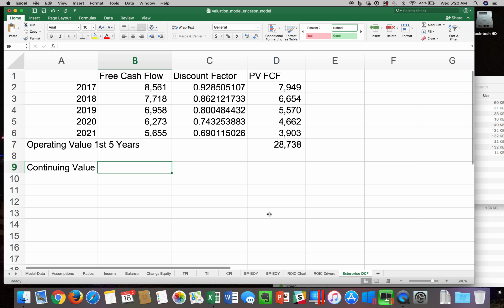So I'm going to come here to enterprise DCF, and that's what we're going to put in as the continuing value of the free cash flow.